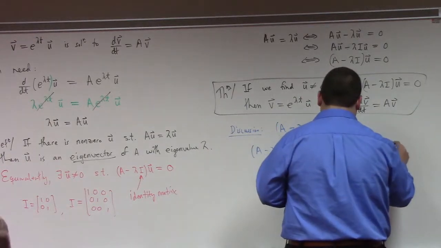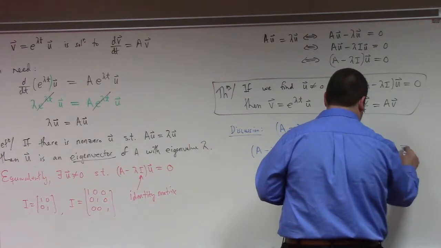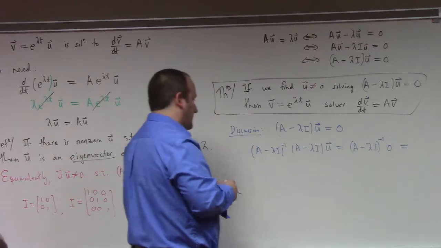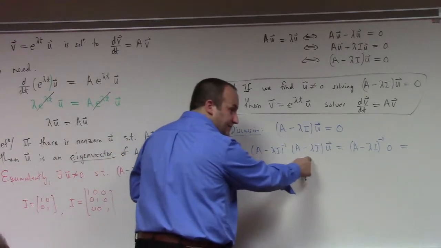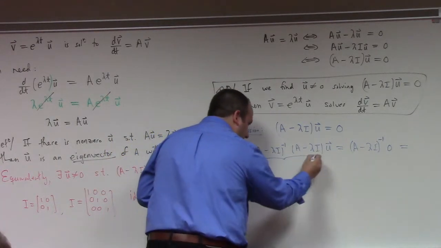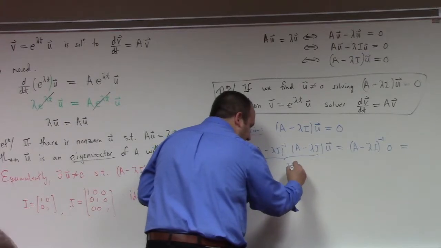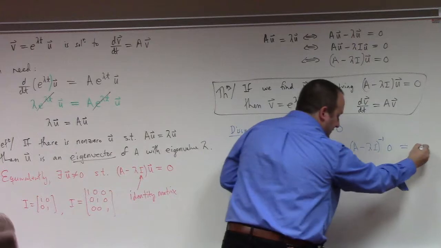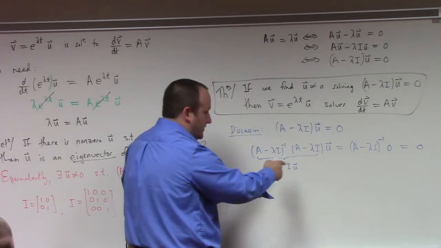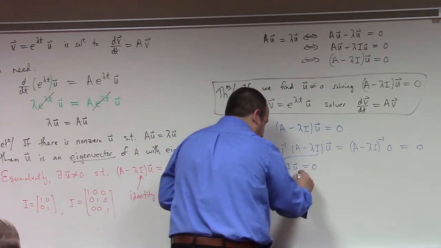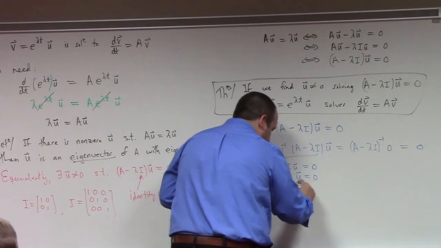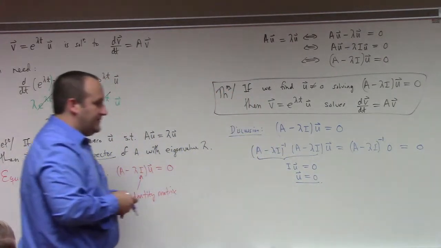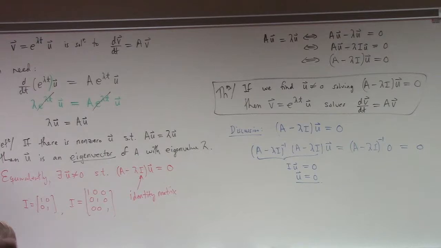If the inverse existed, what would that do for us? Any inverse matrix times the matrix gives us back, by definition, the identity matrix again, right? Any matrix times the 0 matrix gives us 0 again. So if the inverse existed, then we would have Iu equal to 0, and we would quickly get that if the inverse matrix of A minus lambda I existed, it would force u to be 0.